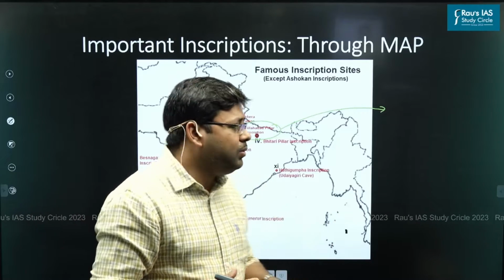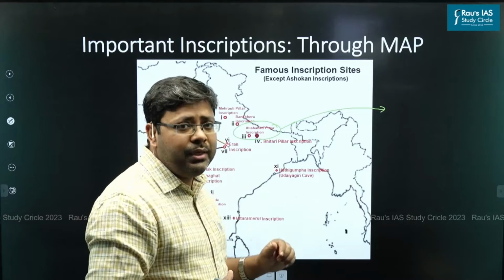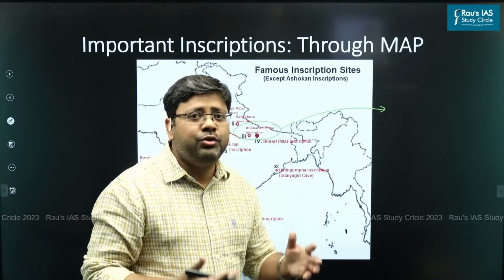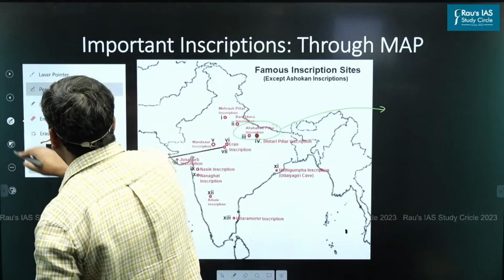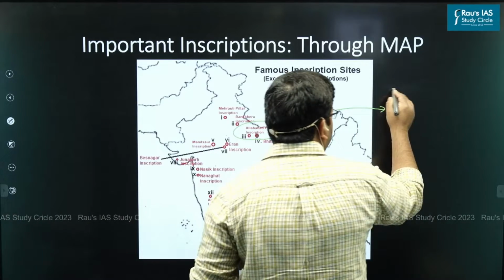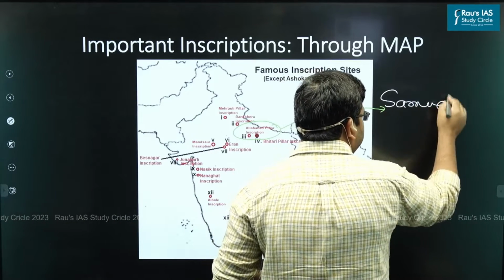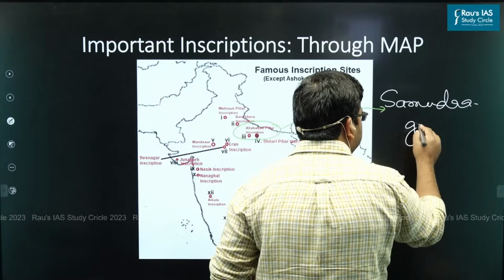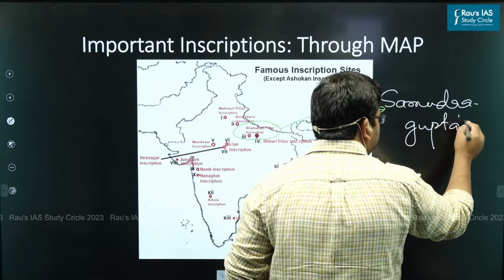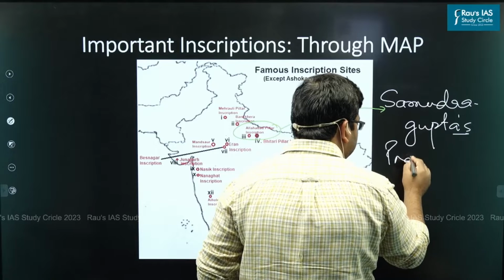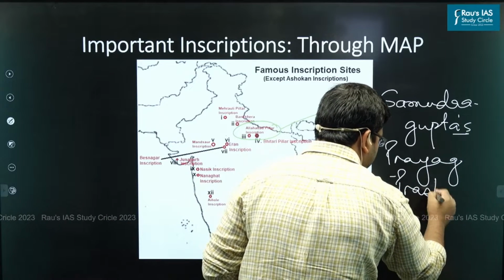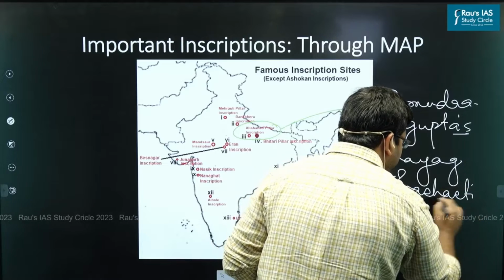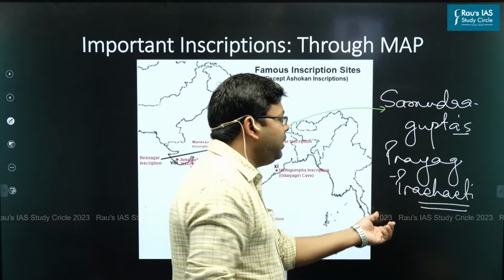If you talk about the Allahabad pillar inscription, a very important fact is that Samudragupt's Prayag Prashasti has been found from Allahabad.